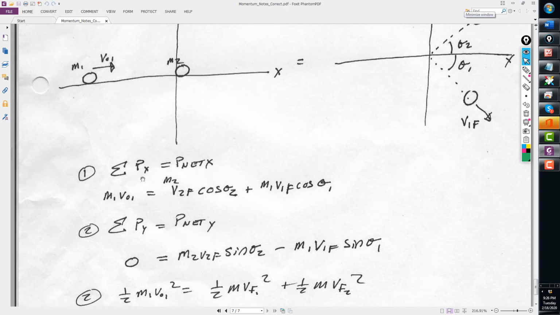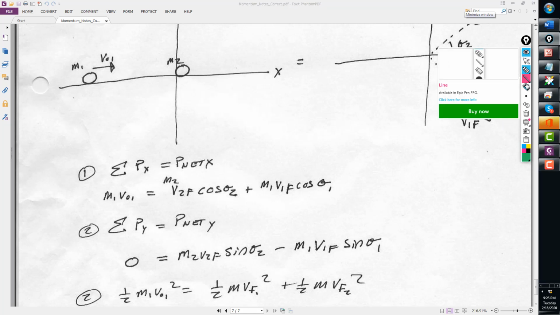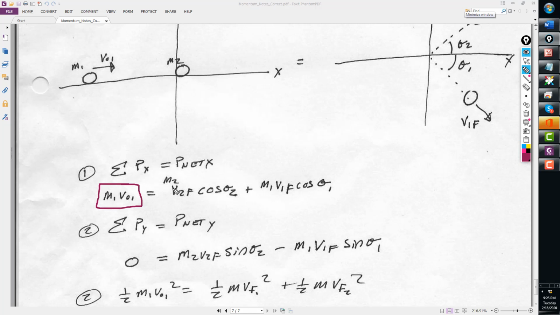So you treat it very much the same way. Again, the sum of the momentum in the x equals the net momentum in the x. Initially, the total momentum was just m1 v initial 1. And then it moved off, so m2 v2 final times cosine theta 2, the x component, plus m1 v1 final times cosine theta 1.